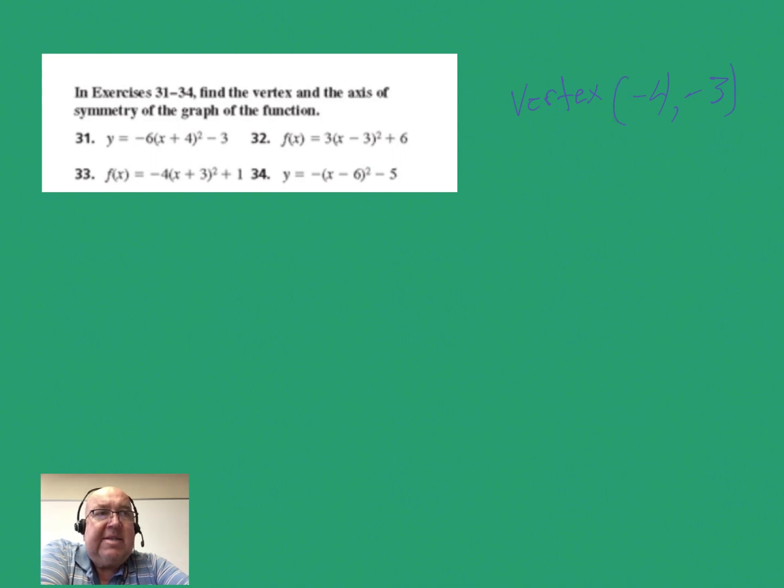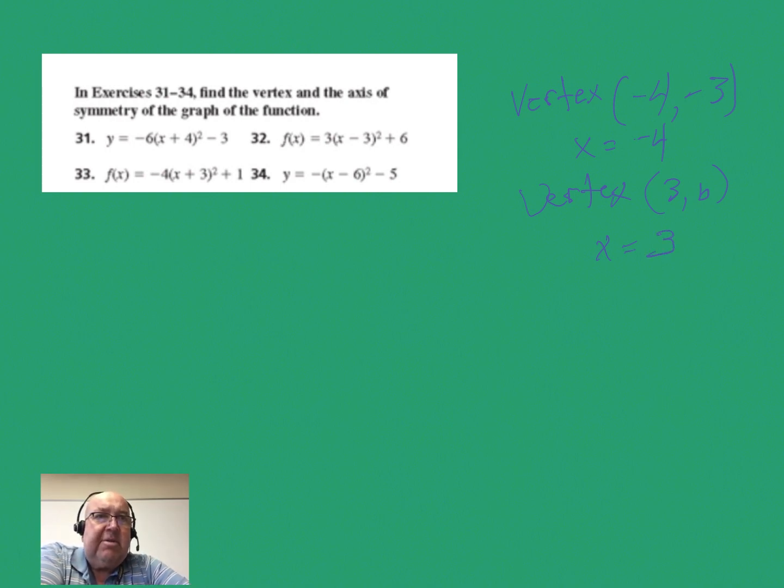Our axis of symmetry is x equals negative 4. Number 32, our vertex is 3 and 6. And our axis of symmetry is x equals 3.